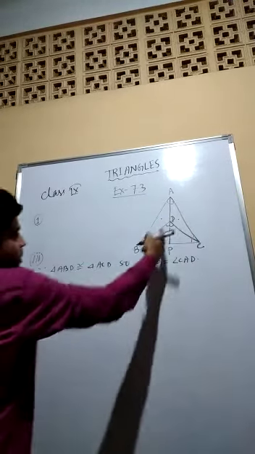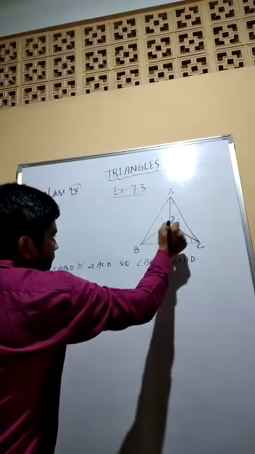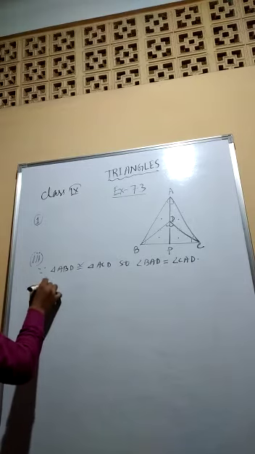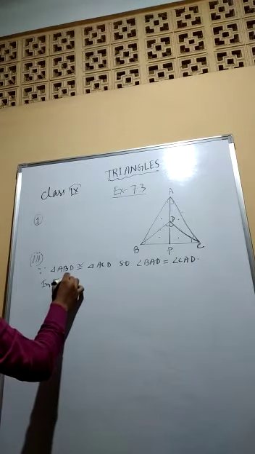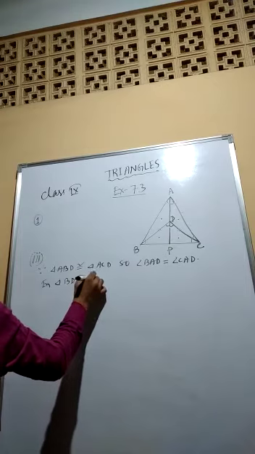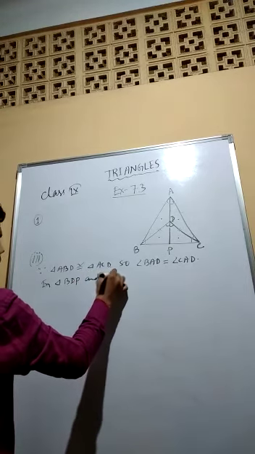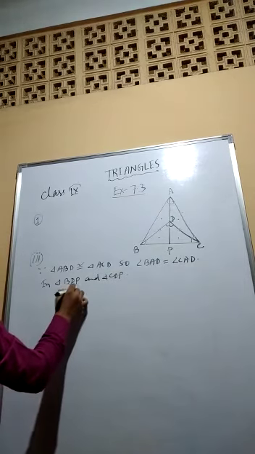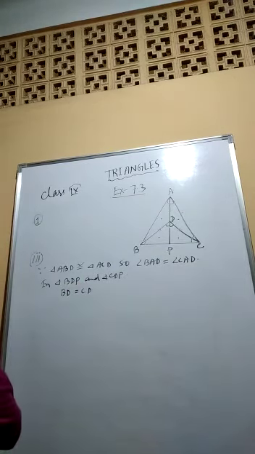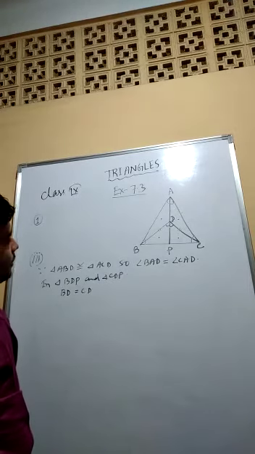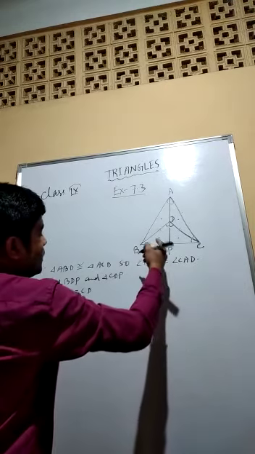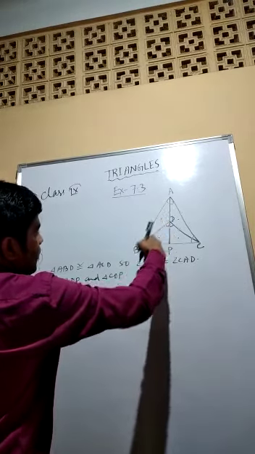So to prove these two equal, if we can prove this triangle and this one are congruent, then by CPCT we can write. So in triangle BDP and triangle CDP, find out the three conditions. It is given that BD equals CD.